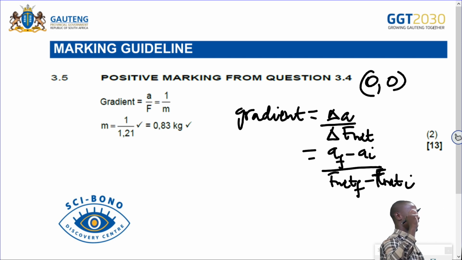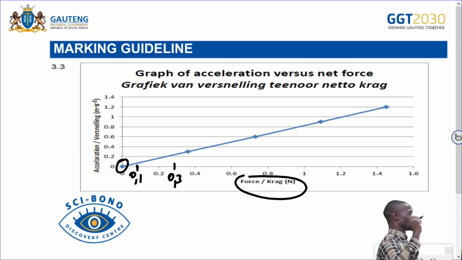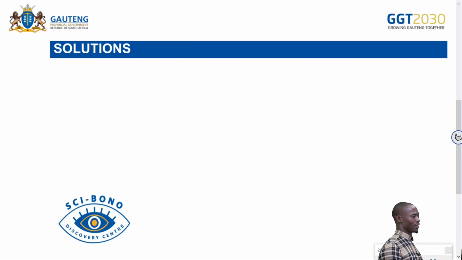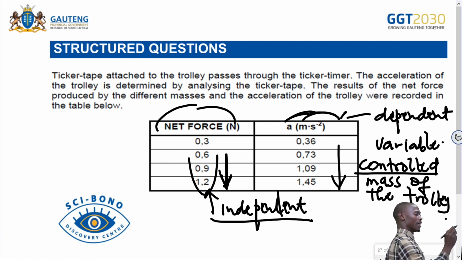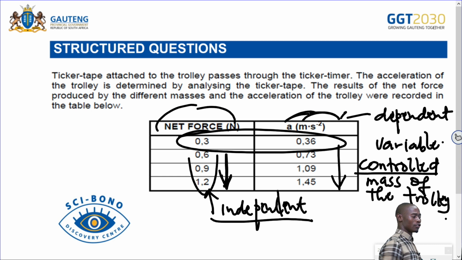And then another point that I can take, as long as that point is on the graph. Let's check. I can even use the table here. I can take this one: 0.3 and 0.36.